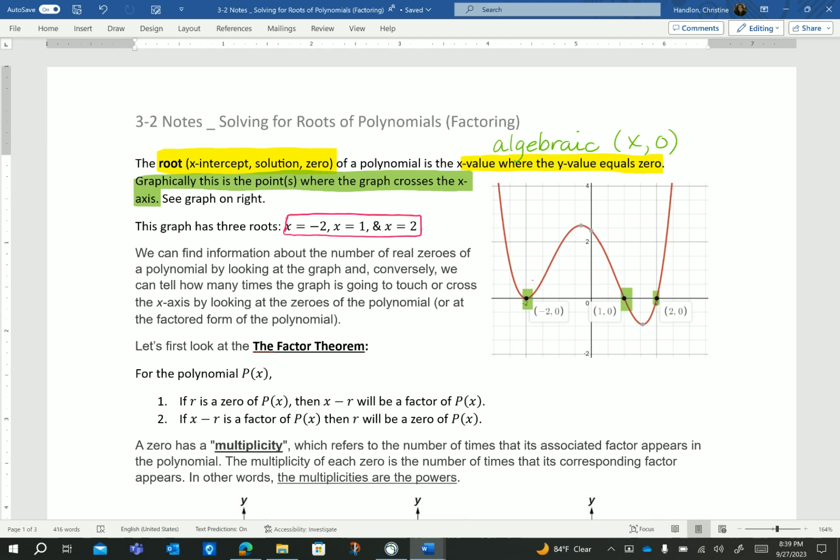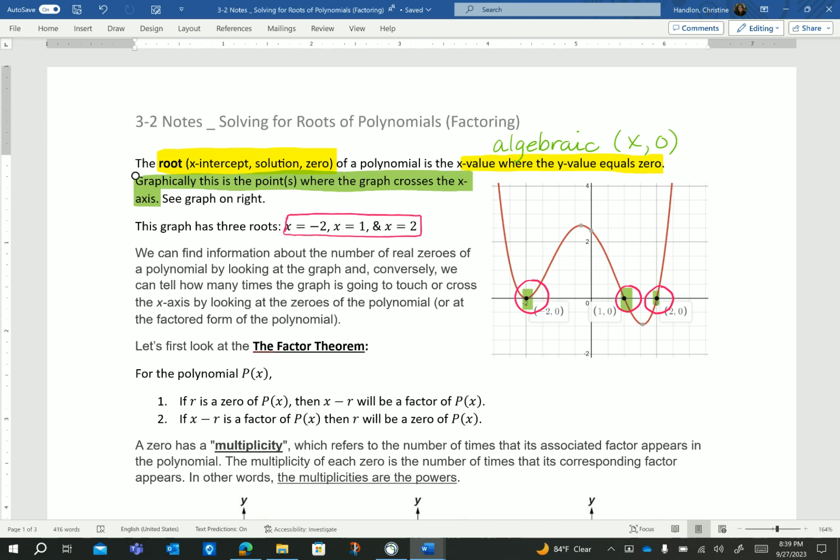So when I look at this x-intercept, this 0, I am able to tell how many times this 0 has occurred, okay? And that is based on the shape of the graph at that x-intercept.